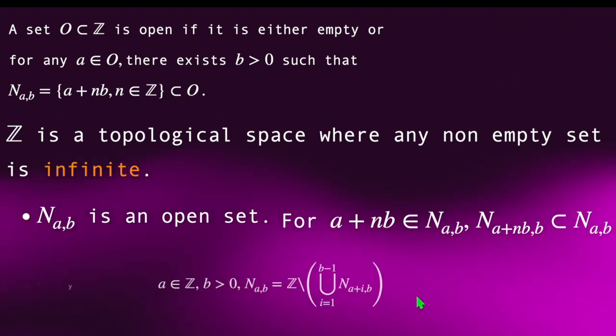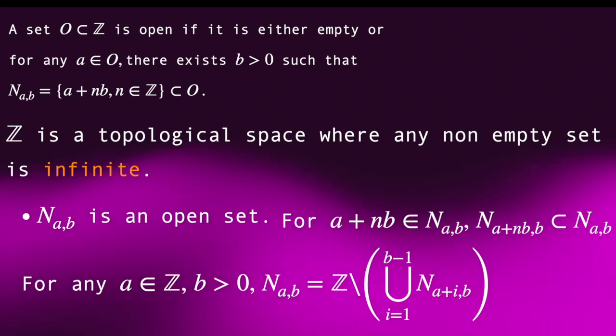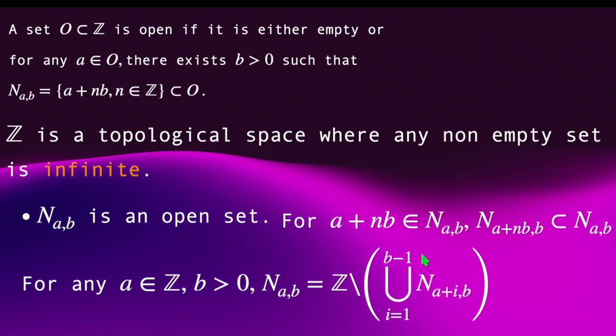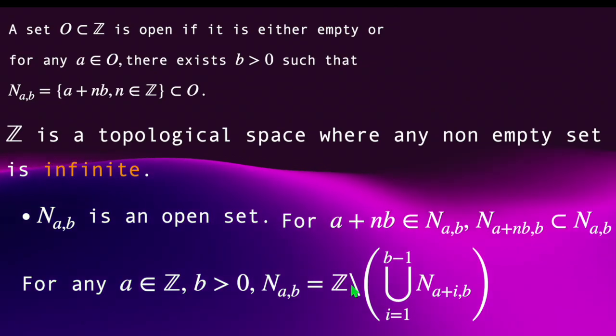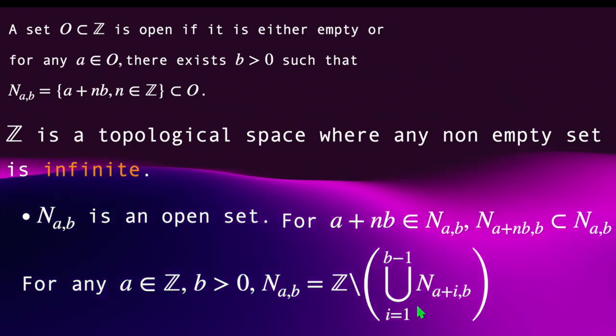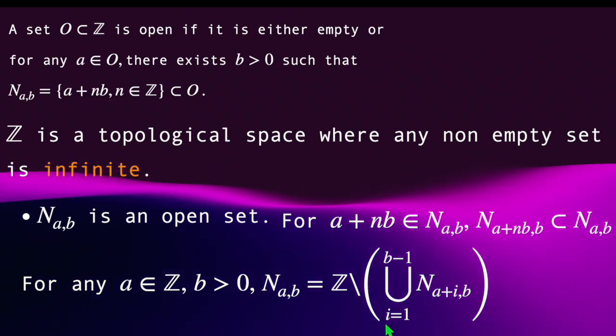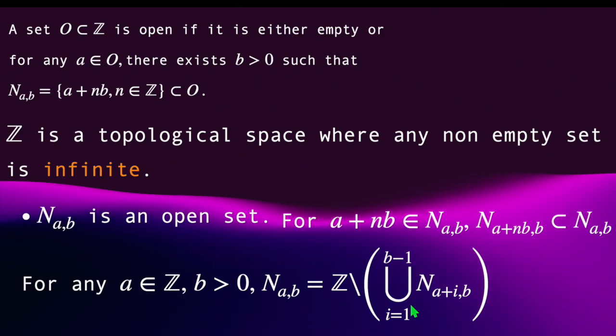The most difficult part is this one. We have this NAB is equal to Z minus this union of NI plus IB for I between 1 and B minus 1.